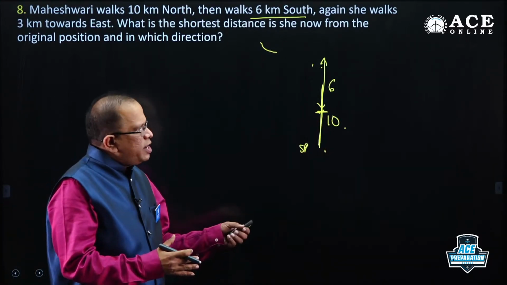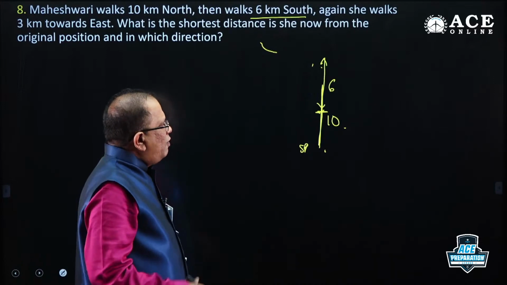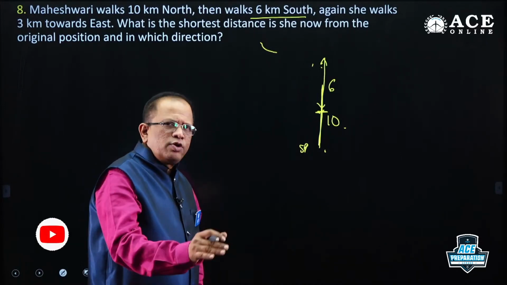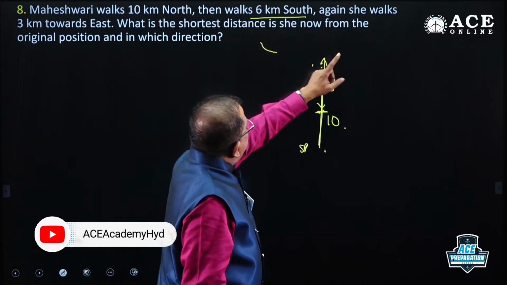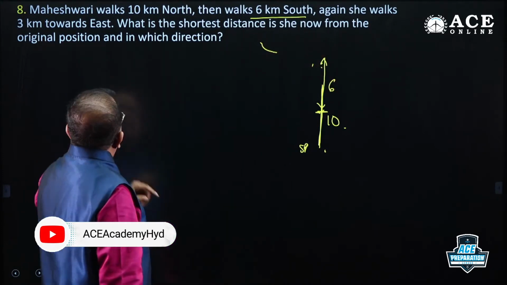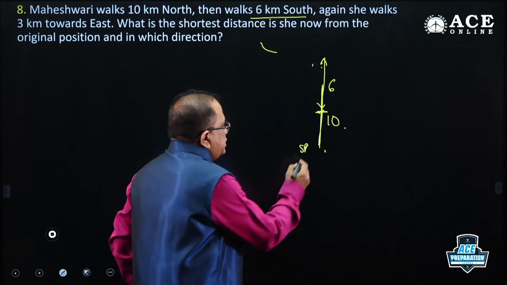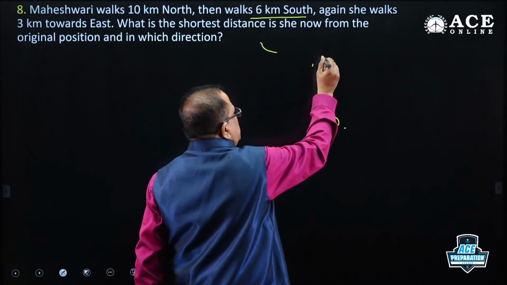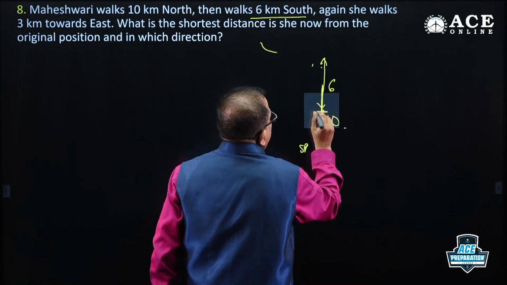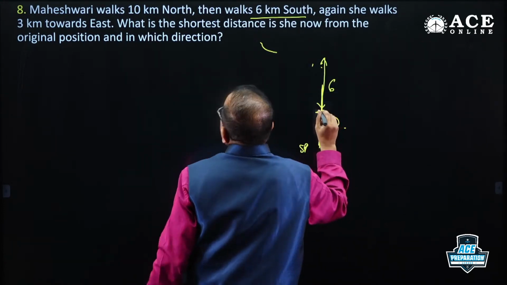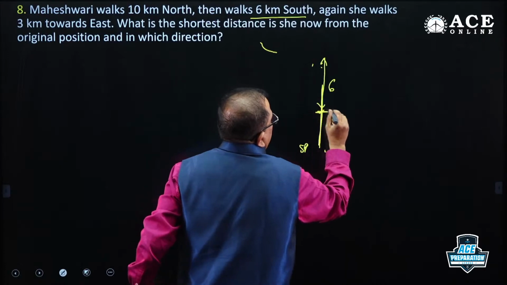Something unique. Fine. Whatever the paper setter says, we are going to follow it. Next one: again she walks 3 kilometers towards east. She started here, went up to this, came back, now she is here. Now she started moving toward east. East is this side. How much distance? 3.